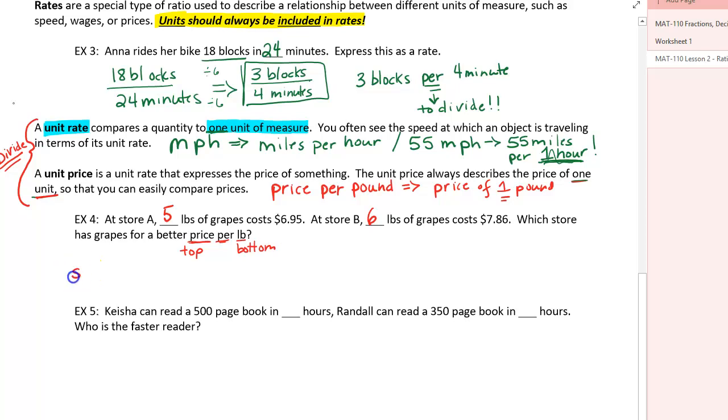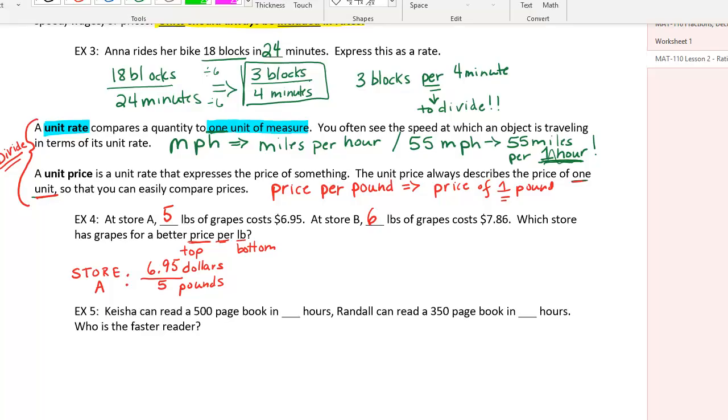So for store A, if we want to determine the price per pound, we have the price, which is $6.95 over 5 pounds. Now remember, you always want to include the units so it makes sense to you.